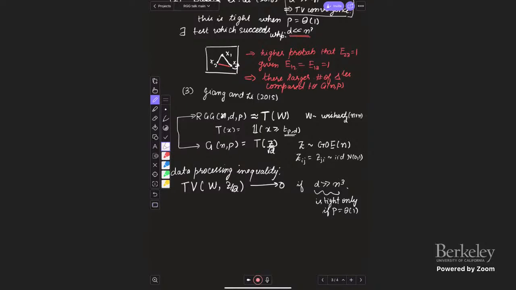In fact, it was conjectured in the Bubeck et al. paper that when p is equal to lambda over n, which is the sparse case which we are most interested in for random graphs, the threshold was conjectured to be d greater than (log n) cubed.